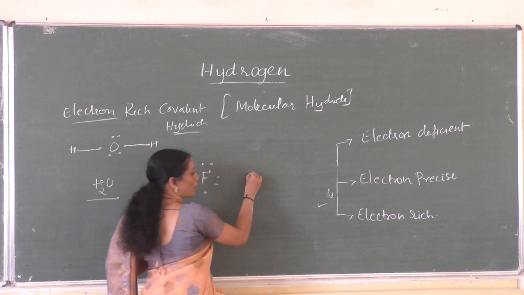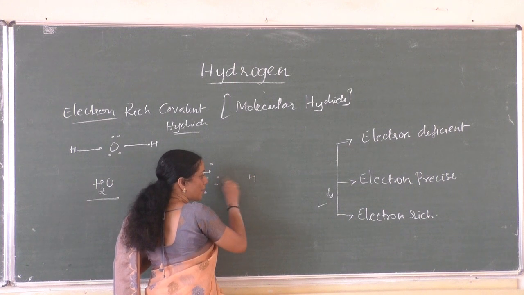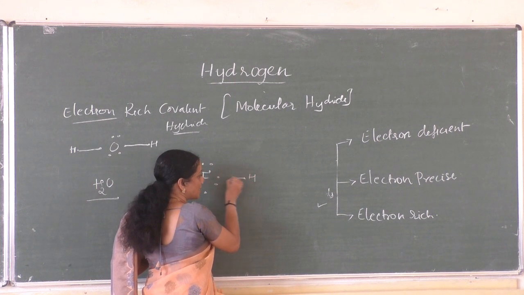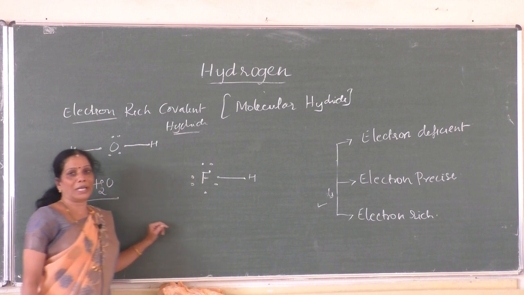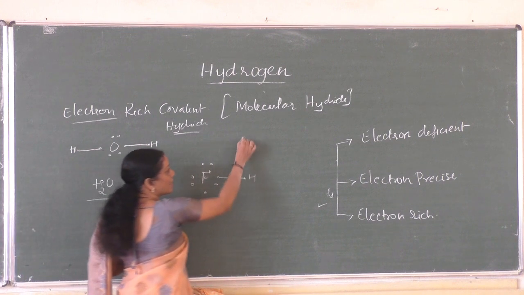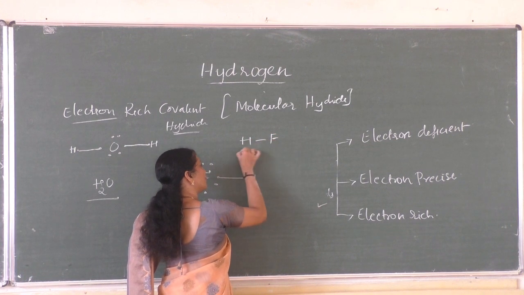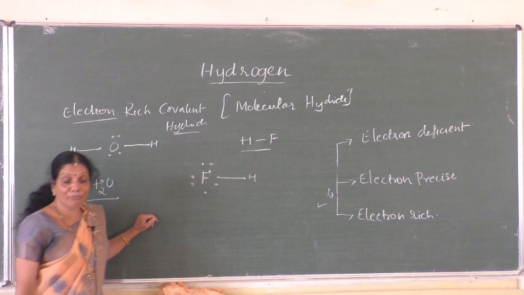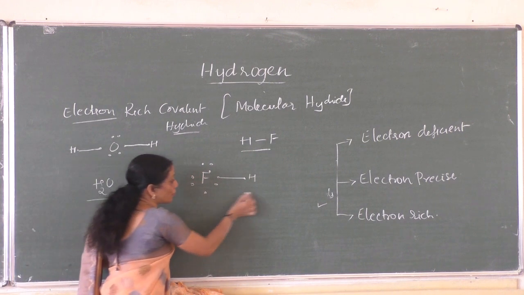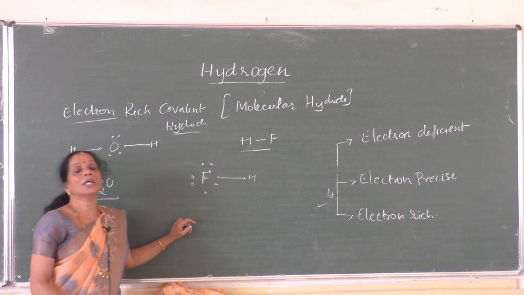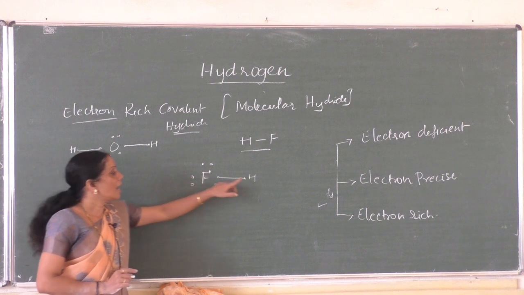It needs only 1 electron to reach the highly stable octet state. This fluorine, during the formation of a hydride, combines with only one hydrogen atom, resulting in the formation of what? A covalent bond. Now if I consider H bonded with F, nothing but HF, hydrogen fluoride, I have written. Hydrogen fluoride is the hydride of what? Fluorine. Understood?